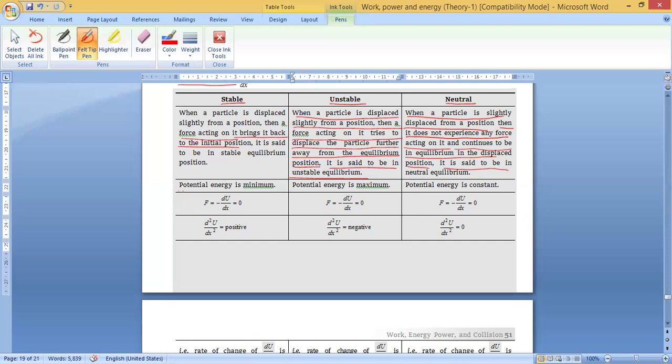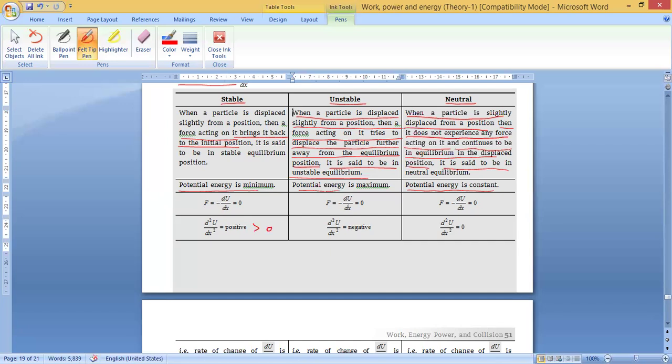In stable equilibrium potential energy is minimum, in unstable equilibrium potential energy is maximum, and in neutral equilibrium potential energy is constant. So here in all cases du by dx is 0 and F is 0. In stable equilibrium the second differentiation is positive, greater than 0.